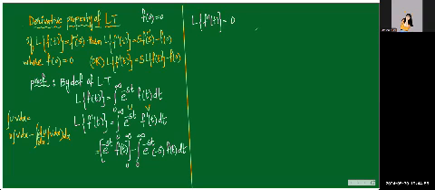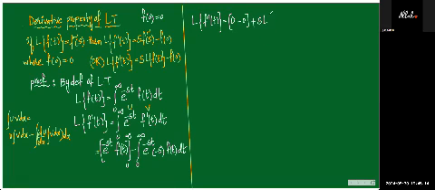So when at the lower limit f of 0 is 0, in both upper and lower limits we are getting 0 only. Now, integration with respect to t means there is no use of s, so minus into minus, plus s will be outside.